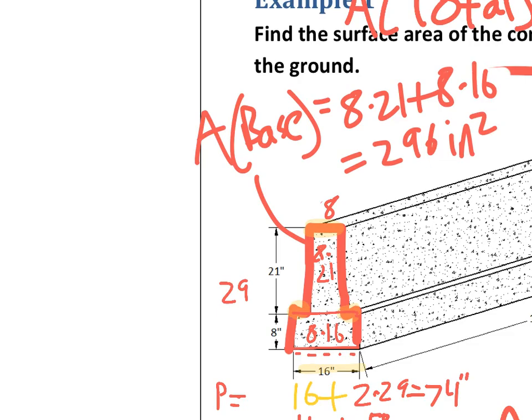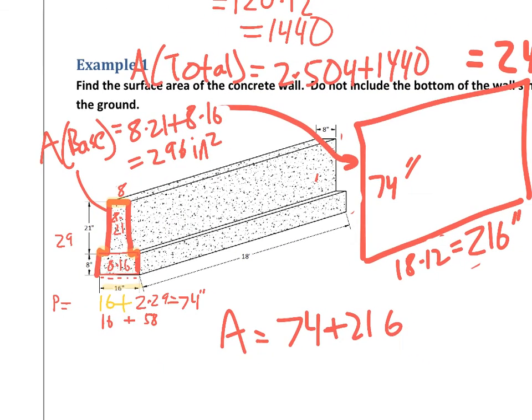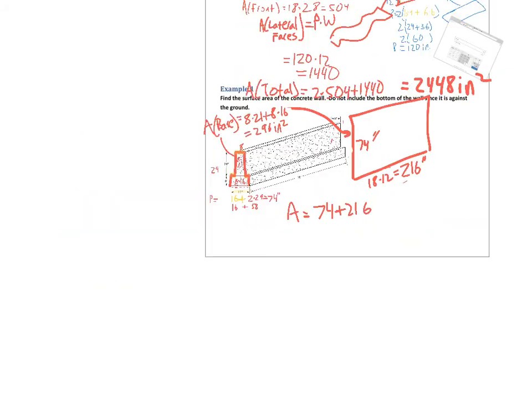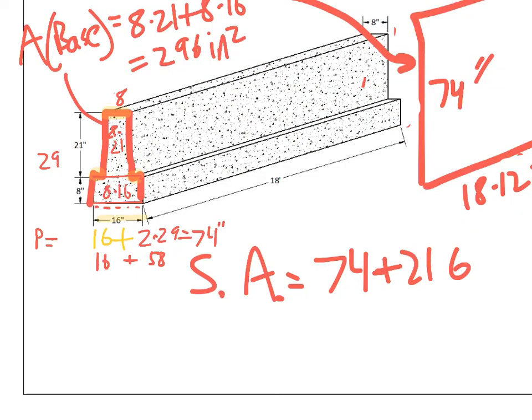Okay, so that T, which is the base, because there's 2 of them, bases, will be parallel. We have two bases. They're parallel and congruent. So this is our total area, or our surface area, is going to be this 74 times 216.